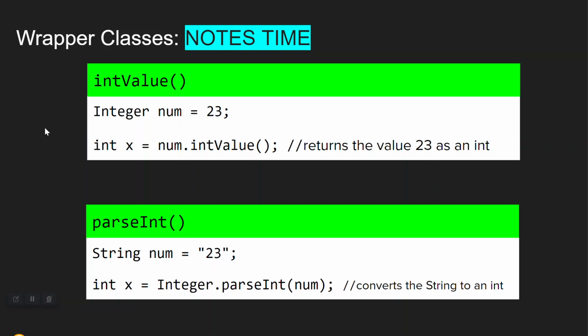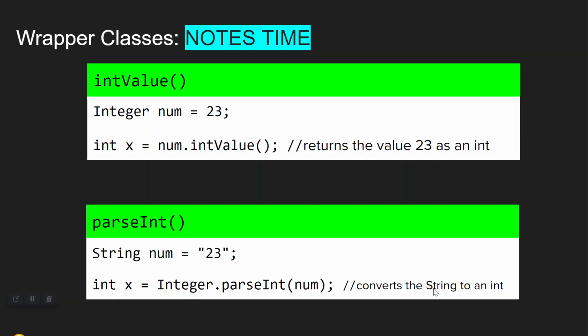Now parseInt is basically how you convert a string that contains integers into an actual primitive data type. So let's say you had a string object called num and it was set to 23. If you wanted to convert this to a normal int, you would say int x equals Integer.parseInt with num as your parameter, or as your argument.